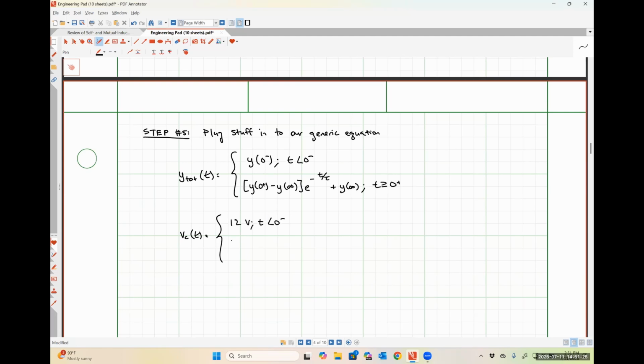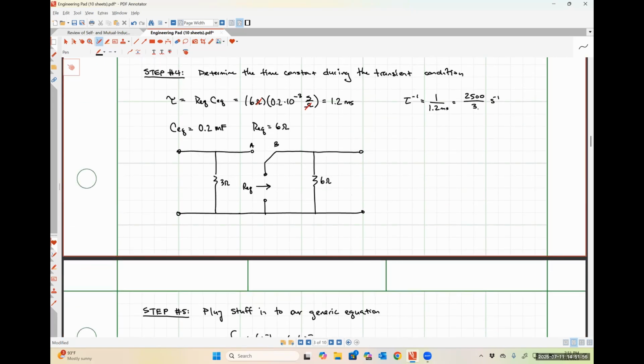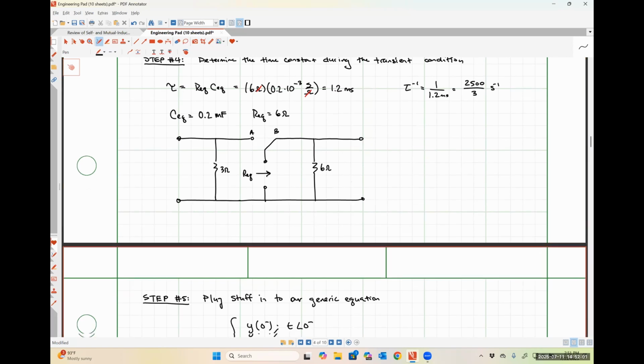T less than 0 minus. Because we had a capacitor, the voltage stayed 12 at 0 plus. What was our voltage at t equal to infinity? 36. Yep. So we're going to do minus 36 e to the negative t over tau, which is the same thing as t times the reciprocal of tau. And the reciprocal of tau is 2500 over 3. That's why I chose to find the time constant and then flip it over.